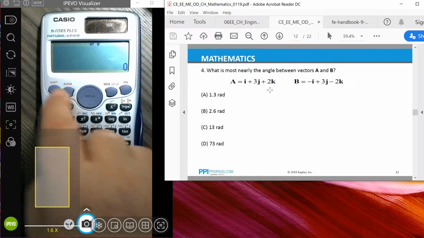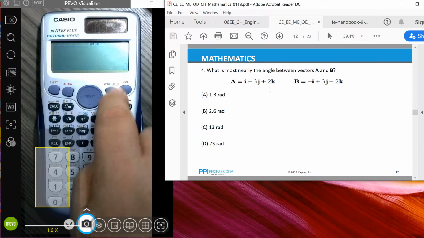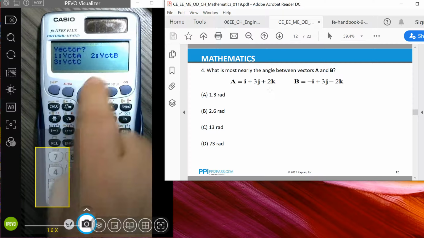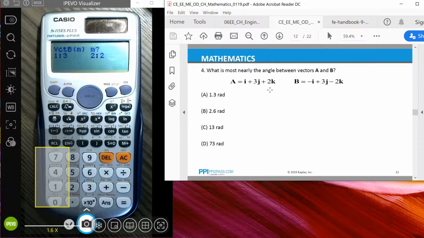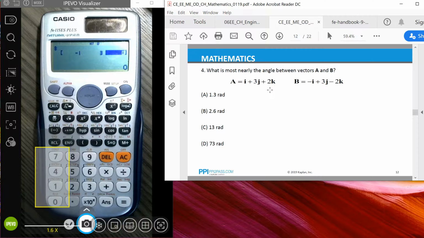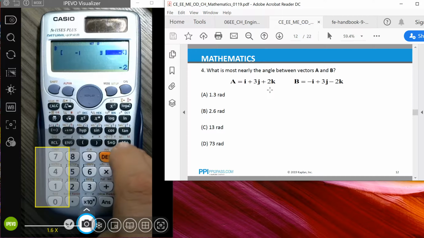Then I go to mode vector B, the three-dimensional vector. That's -1, 3, and -2. Okay. And then I'm going to go ahead and clear that now that I've got my vectors in there.